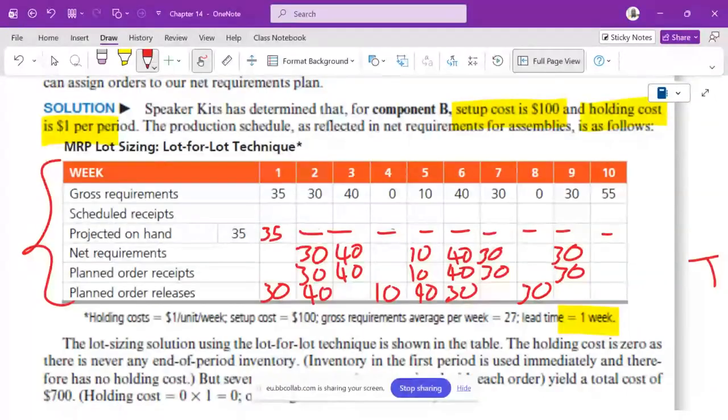Now 55. Right. So how many times did you need to set up? 1, 2, 3, 4, 5, 6, 7. You needed to set up 7 times. However, in terms of inventory, you have 0.